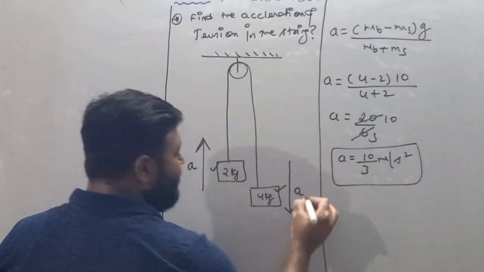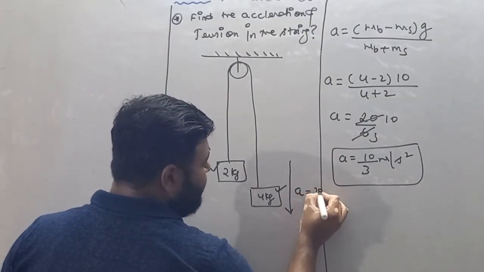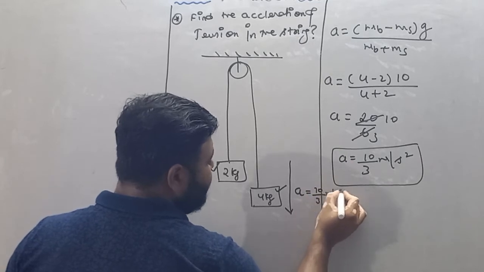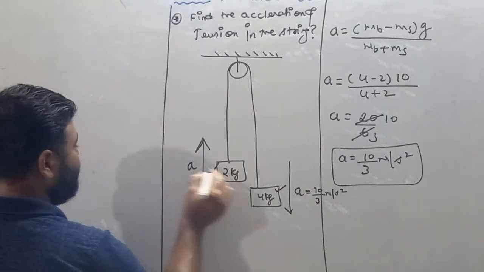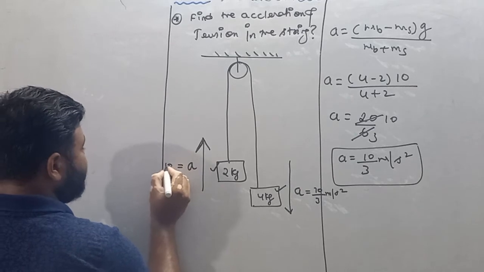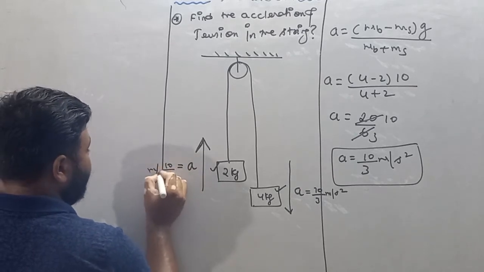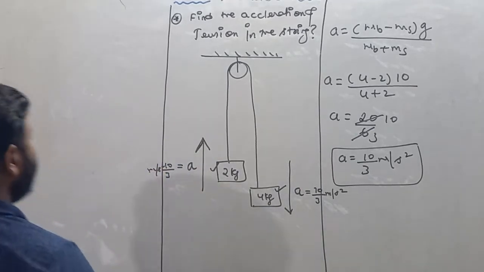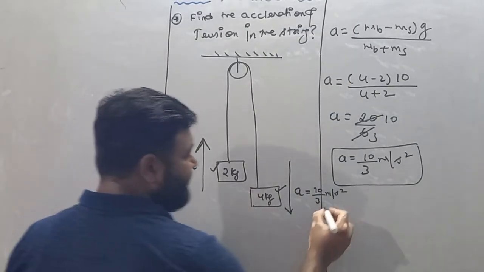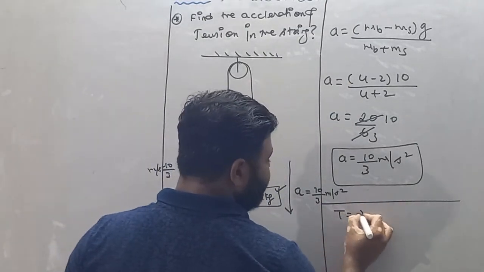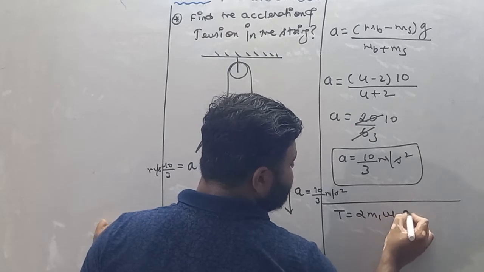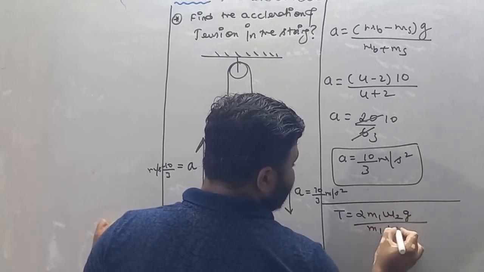It implies 4 kg moves down with acceleration 10 by 3 meter per second square, and 2 kg moves up with acceleration 10 by 3 meter per second square. Moving forward, my dear student, let's find the value of tension. Tension is nothing but 2 m1 m2 g upon m1 plus m2.